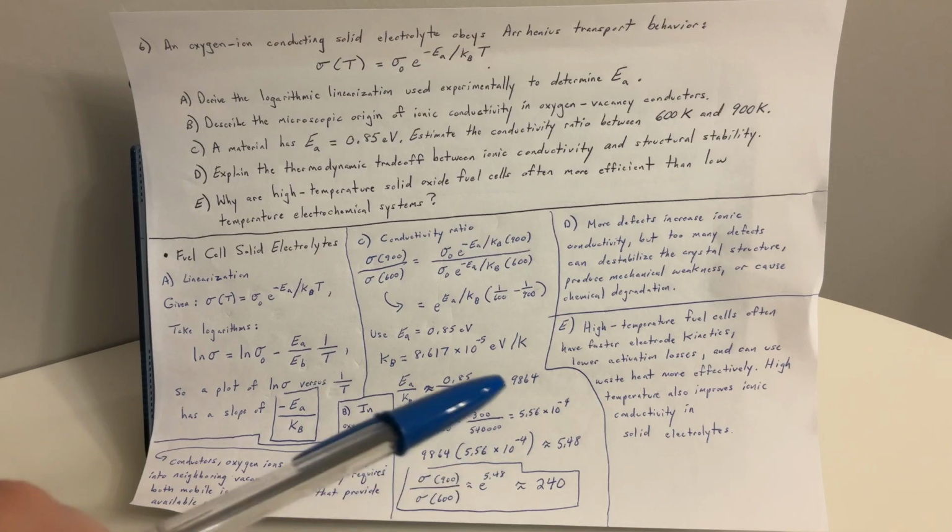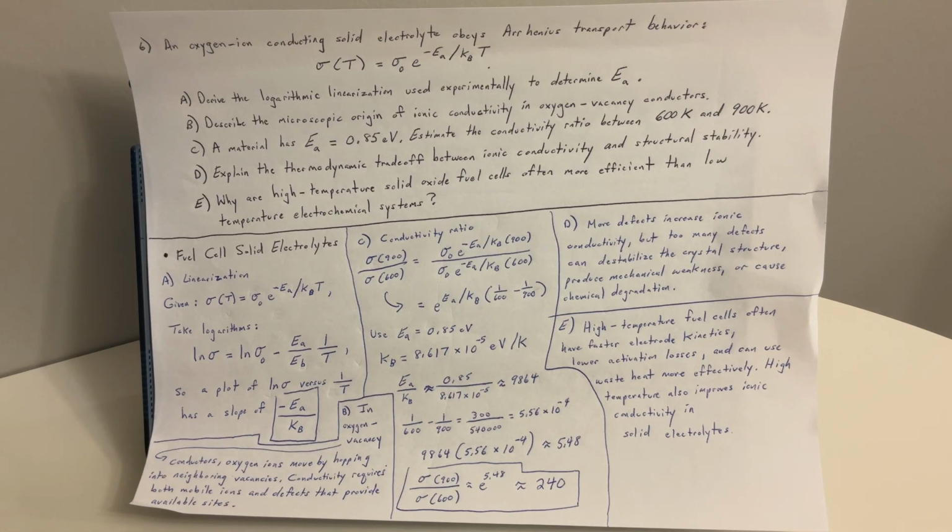For E, high-temperature fuel cells often have faster electrode kinetics, lower activation losses, and can use waste heat more effectively. High temperature also improves ionic conductivity in solid electrolytes.